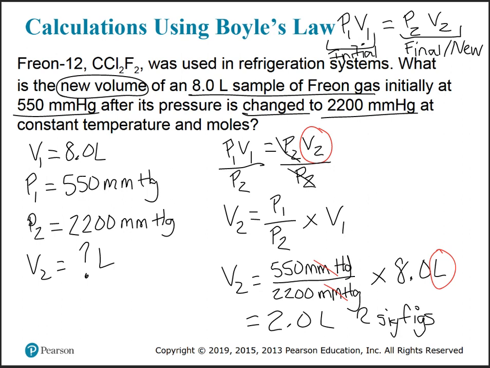If we're going from 550 millimeters of mercury to 2,200 millimeters of mercury, so P1 to P2, that is a pretty big increase. So that's an increase in pressure. That means that our volume has to decrease.